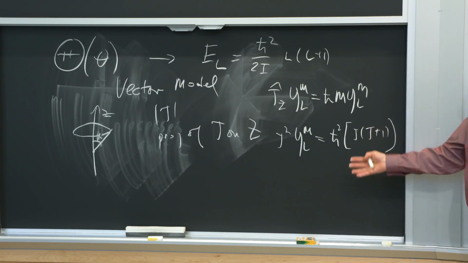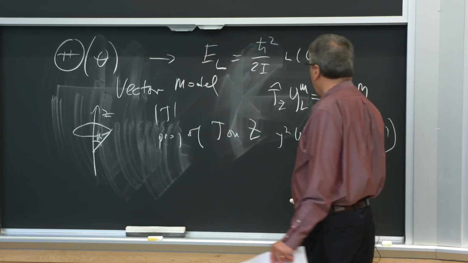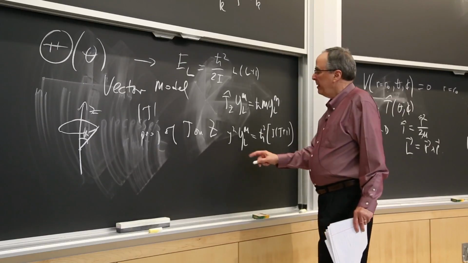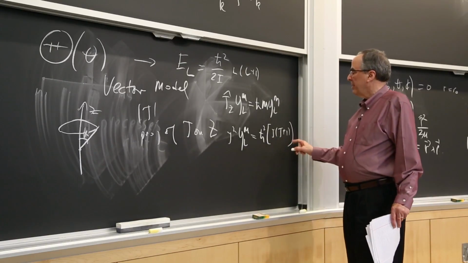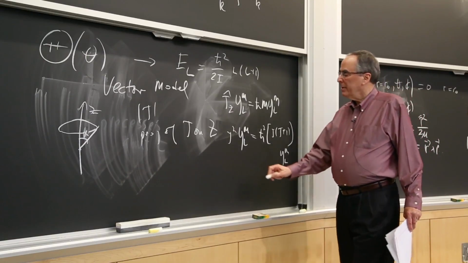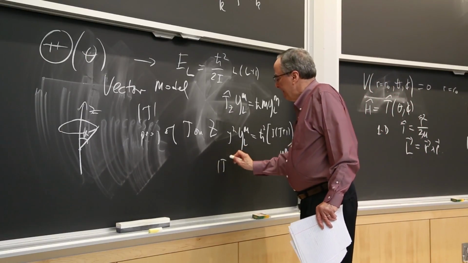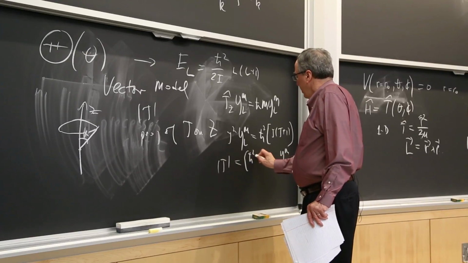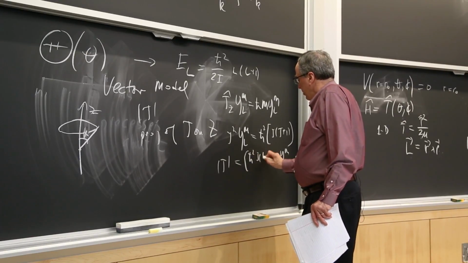So what do we do with these two things? Well, one is to say, all right, the length of J is going to be the square root of h bar squared J(J plus 1).